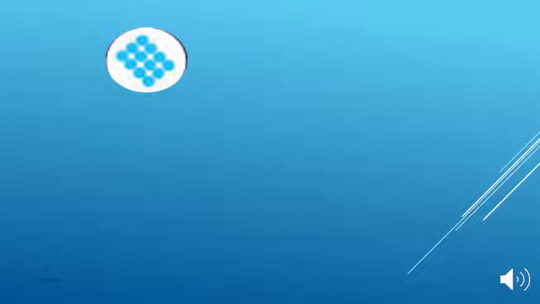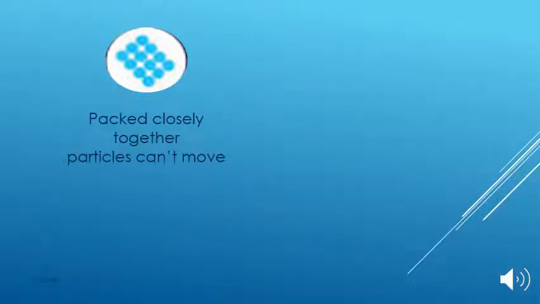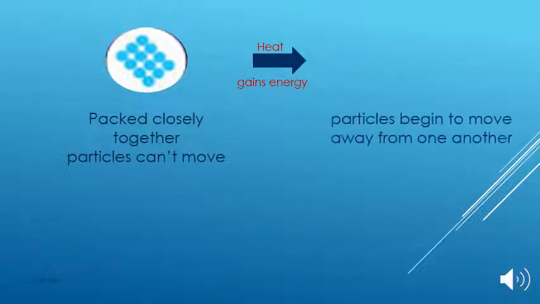Let's see how the particles will change. In the solid, the particles are packed closely together and the particles cannot move. When we heat a solid, it gains energy. So what will happen to the particles? The particles begin to move.